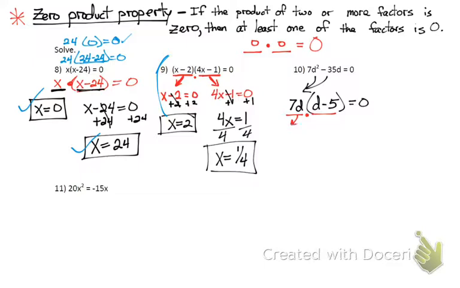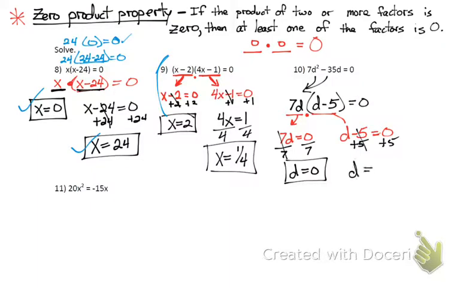So either this has to equal 0 or this has to equal 0, since the answer is 0. So again, a simple solve step here. Divide by 7. 0 divided by 7 is 0, so d could equal 0. Add 5 to both sides. d could equal 5.